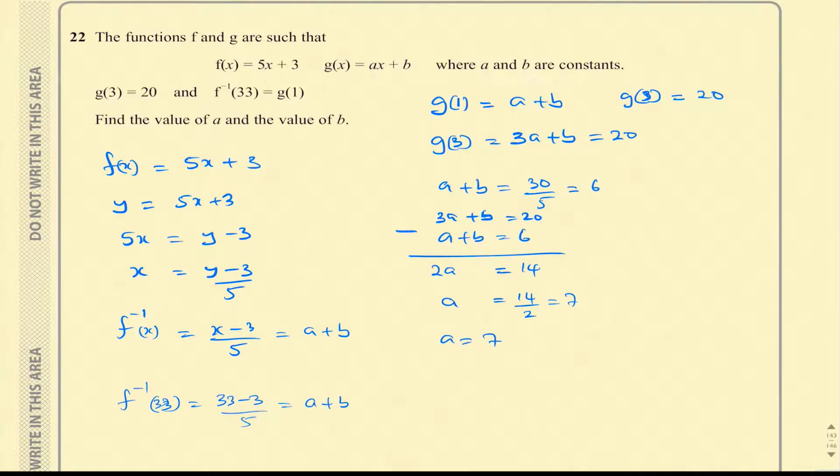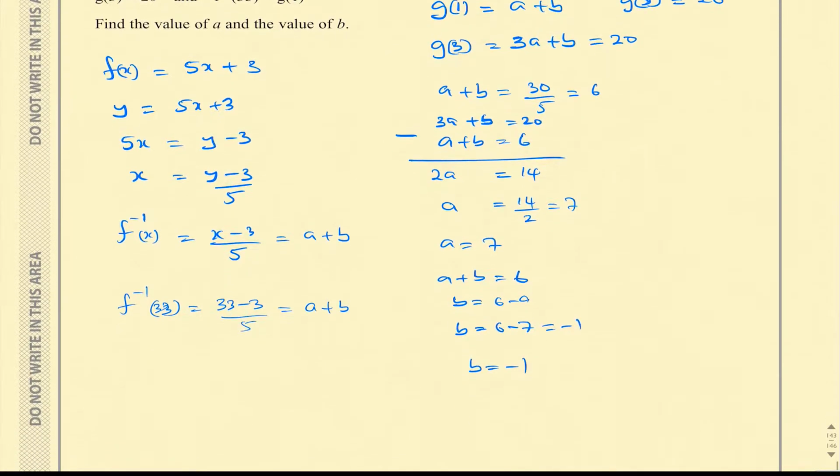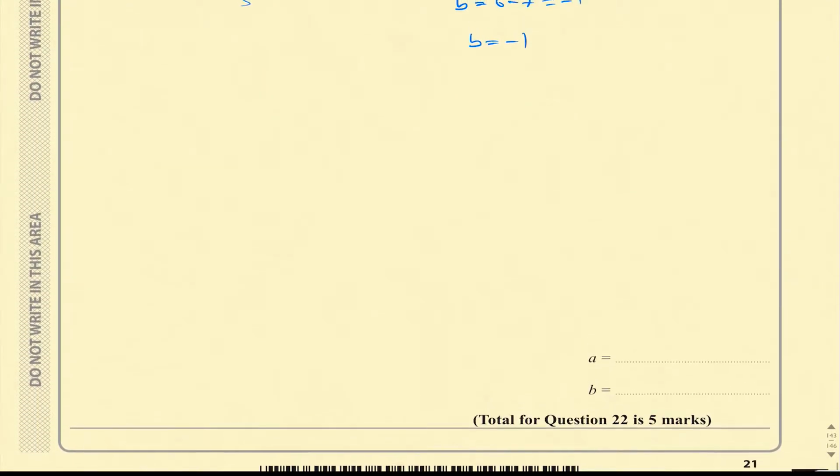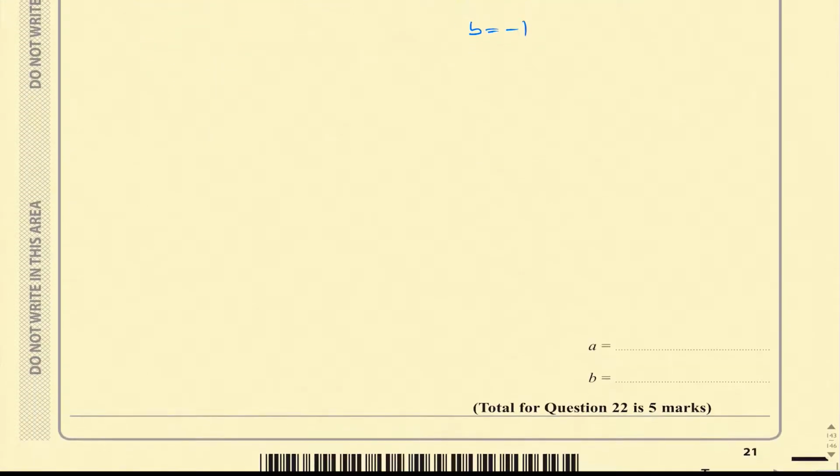Then I also know that a plus b equals 6. Therefore, b equals 6 minus a, which is 6 minus 7, which equals minus 1. So my answer would be a equals 7 and b equals minus 1.